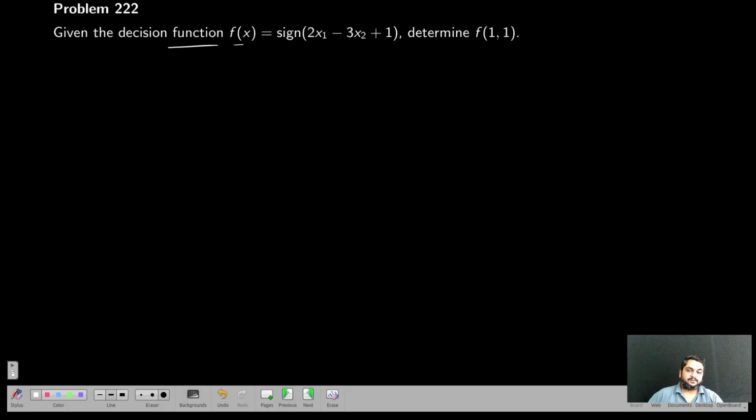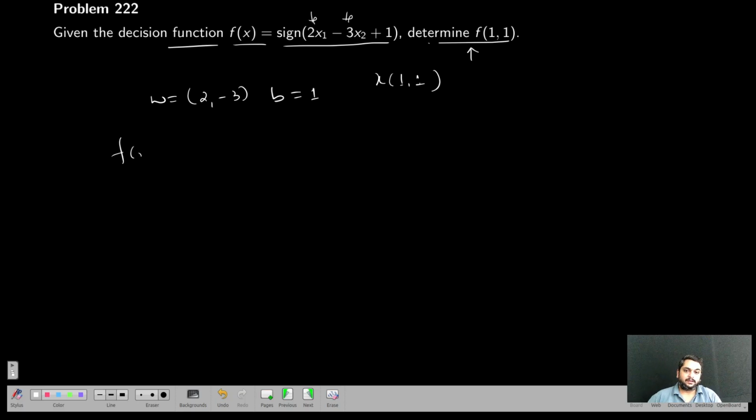Given the decision function f of x equal to sign of this, determine which class f of 1 comma 1 belongs to. The given W, you see here, it's a hyperplane equation. W is 2 comma minus 3 and intercept is plus 1. They are asking for this new point, 1 comma 1.